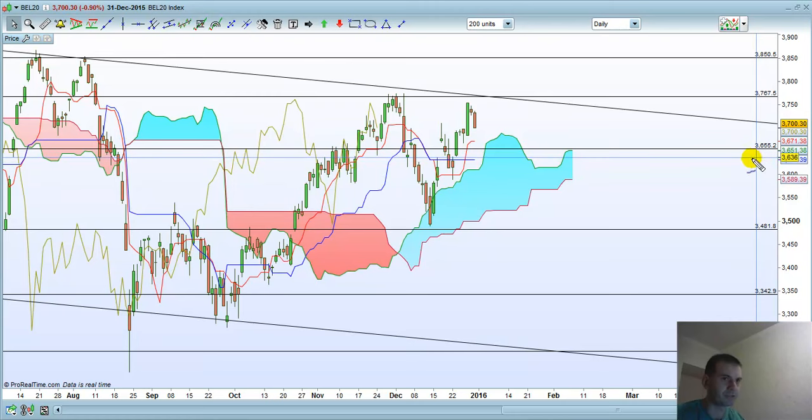if price breaks this support level, so then we can find the point to sell. The closest profit goal is here, the lower border of the cloud, or this support level.